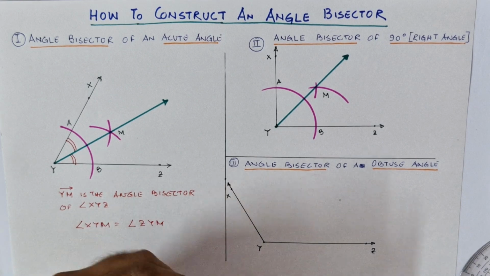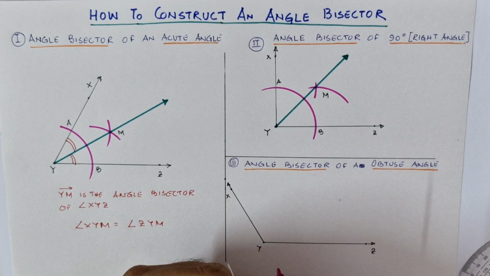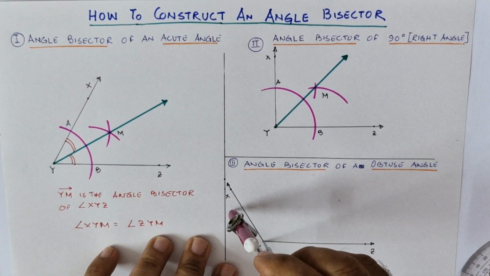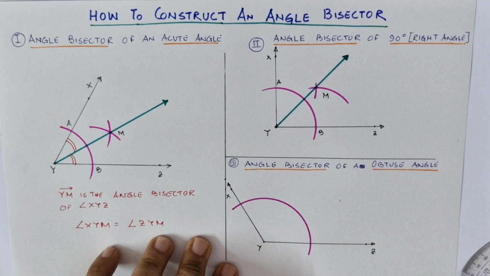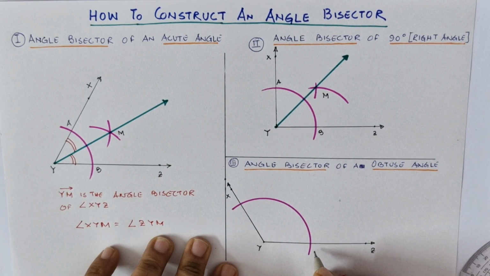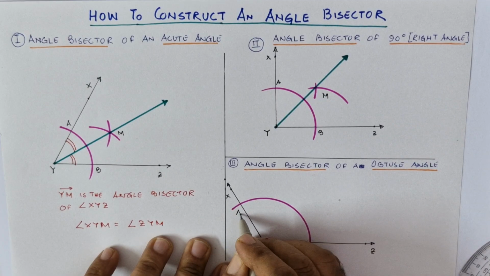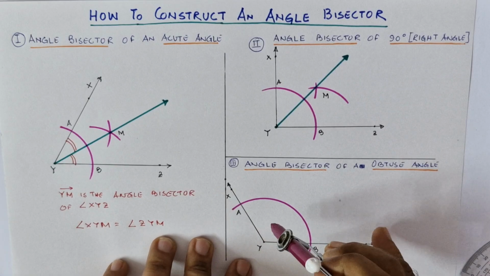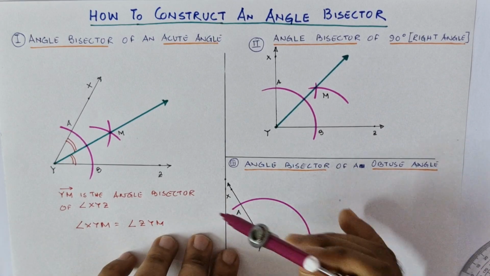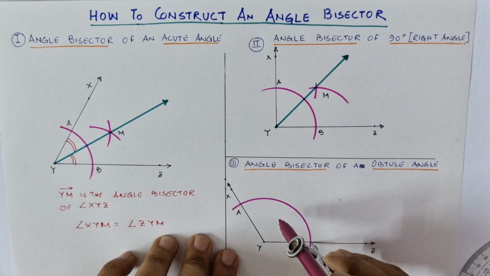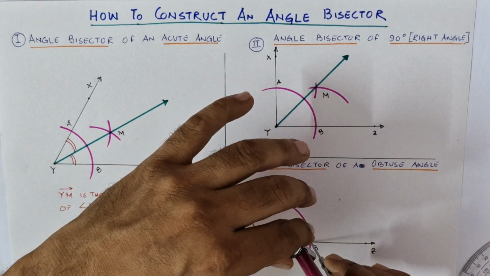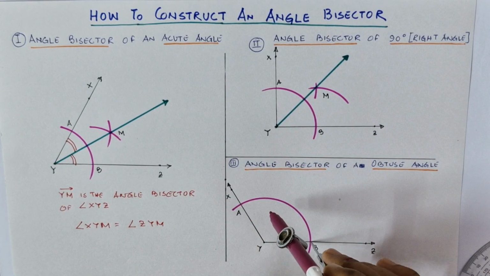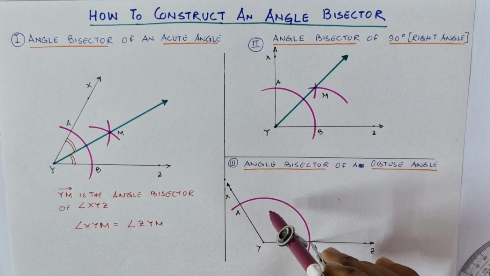So we'll use the same process. We'll just increase the radius a little bit. Take Y as center, draw an arc in such a way that it cuts YZ at B and YX at A. Now taking B as center, if you measure the distance with the compass, just increase a little bit. Why? Because it has to be more than 50%. It will become comfortable for you to bisect the angle then.